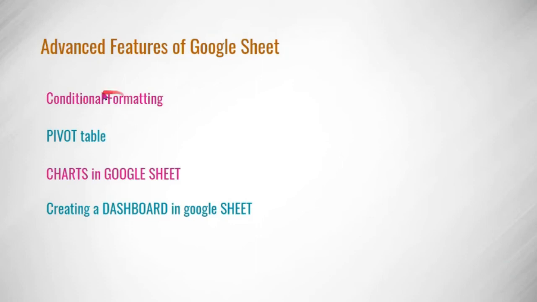To make use of them, you need to have a very clear understanding of Google Sheet functions. If you know them, then you will certainly easily digest these slightly difficult concepts.